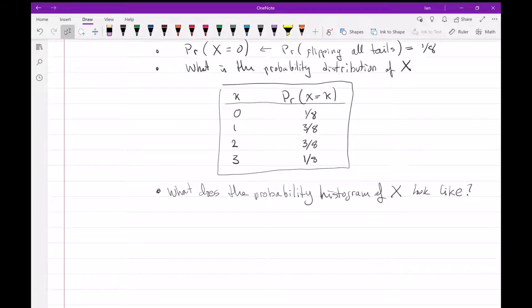This is similar to plotting the histogram for data, except now it's a theoretical probability histogram, so instead of the quantity of each value, we plot the probability.